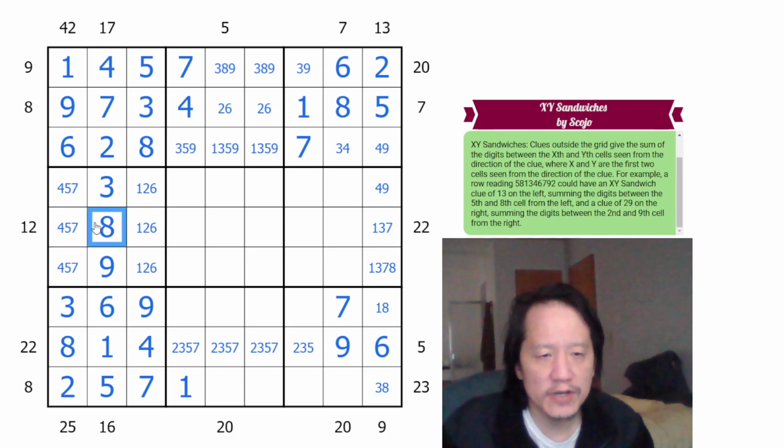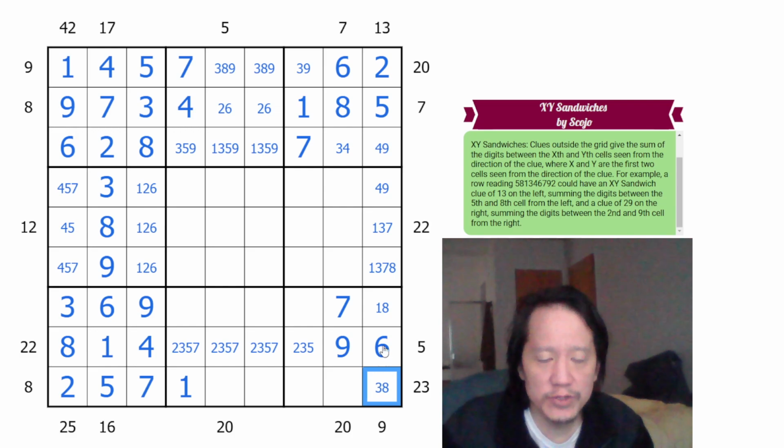So this can't be 7 and 8 because you have 0 digits in between the 7th and 8th digit. This could be 4 or it could be 5. Between the 8th and the 6th is 9.